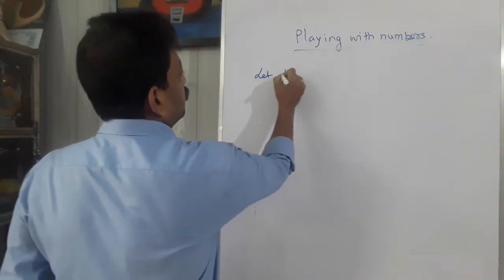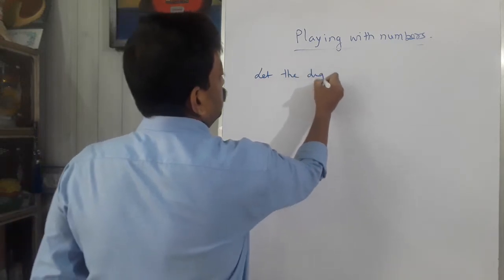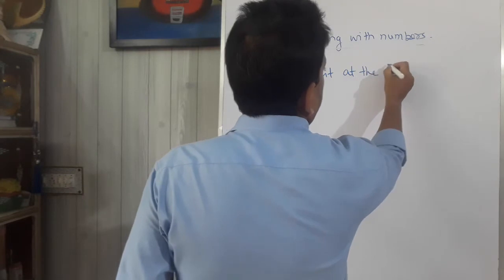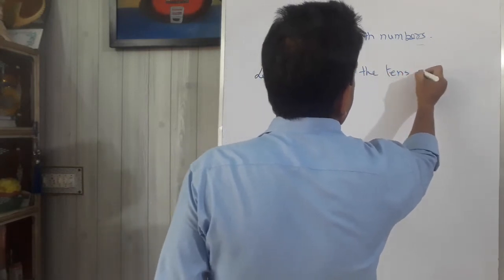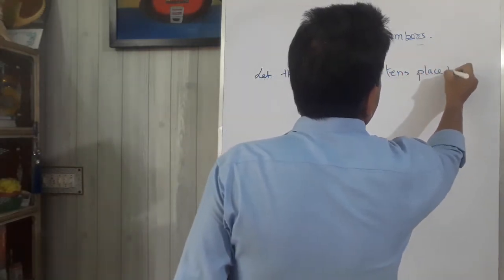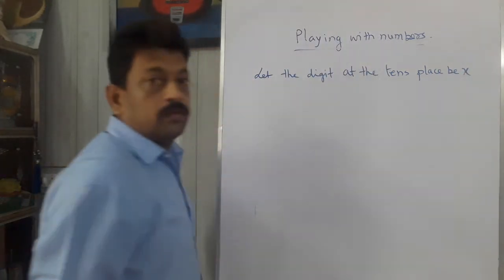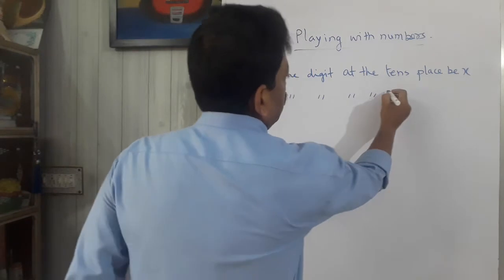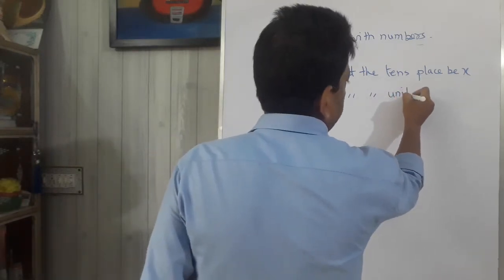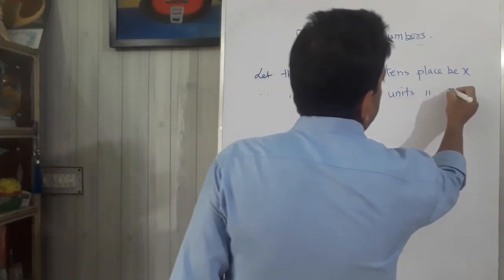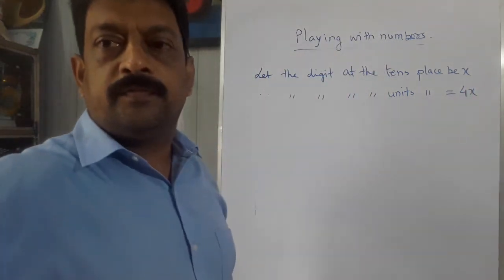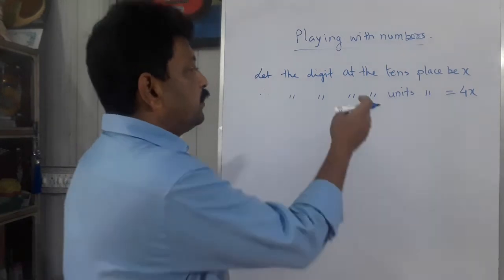Let the digit at the tens place be x. Therefore the digit at the unit place, or ones place, will be 4x. It is given in the question.